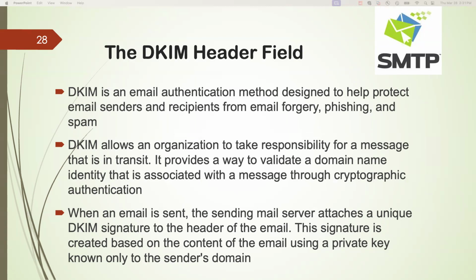Now, at the destination, the mail server will check that DKIM signature which is in the email. It will decrypt it using the public key of GVSU, and if both are the same, meaning the content is the same, then that would mean there was no alteration between sender and receiver. That email would be considered authentic and would be sent to the inbox of the receiver.